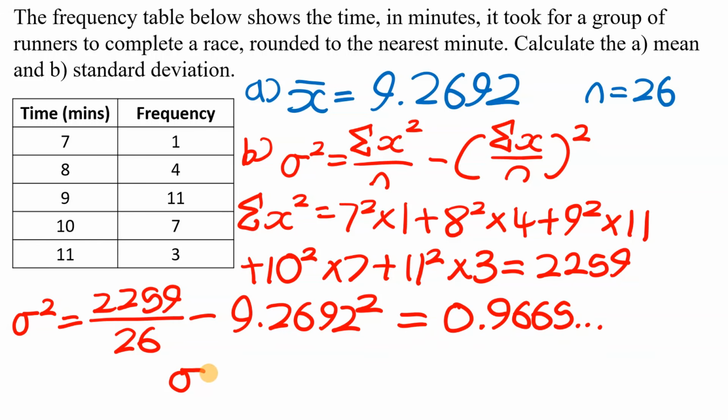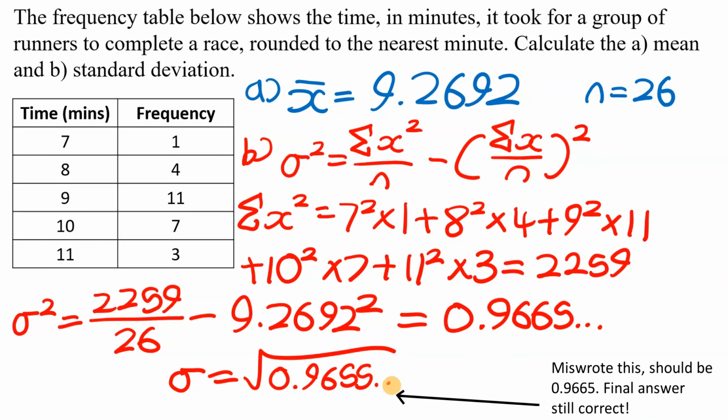So therefore the standard deviation is going to be the square root of this 0.9665, etc., which if you put this into your calculator to 2 decimal places is 0.98. So this is the standard deviation.